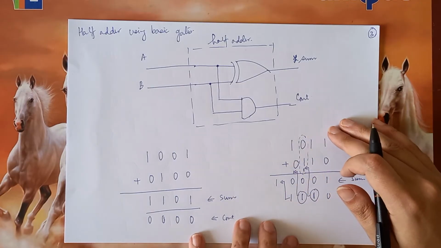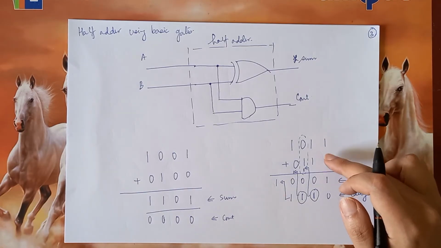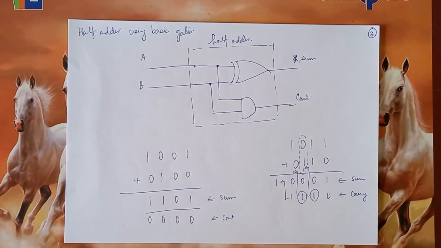Let me repeat this. Whenever we are adding two binary numbers of any number of bits, we have to be ready at any stage except the first stage, perhaps, because first stage, or rather the 0th stage, there is no carry, there is just 2 bits.